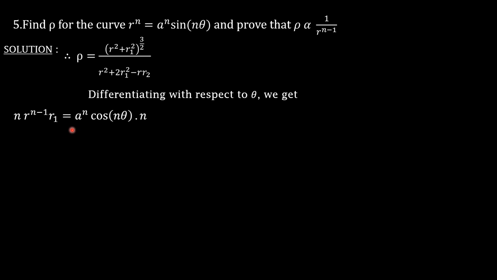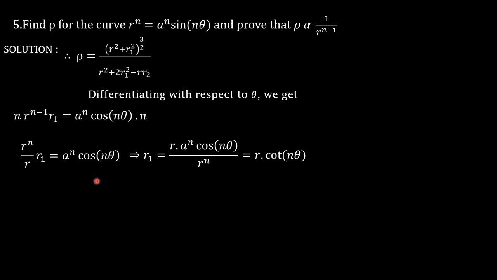That is equal to a to the power n, which is a constant, so keep it as it is. Differentiation of sin n theta. Derivative of sin n theta is cos n theta into n. So just cancelling n, and observing that r to the power n minus 1, I can write it as r to the power n by r.